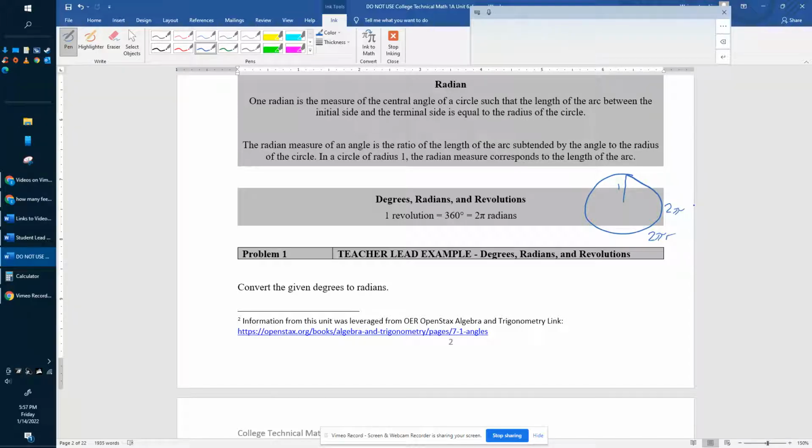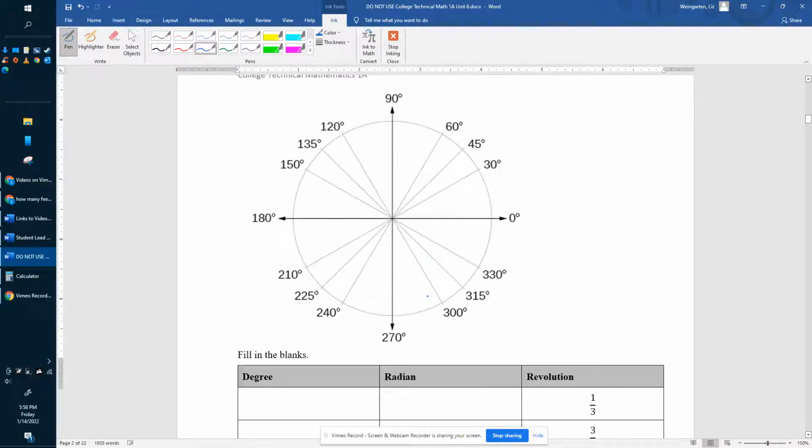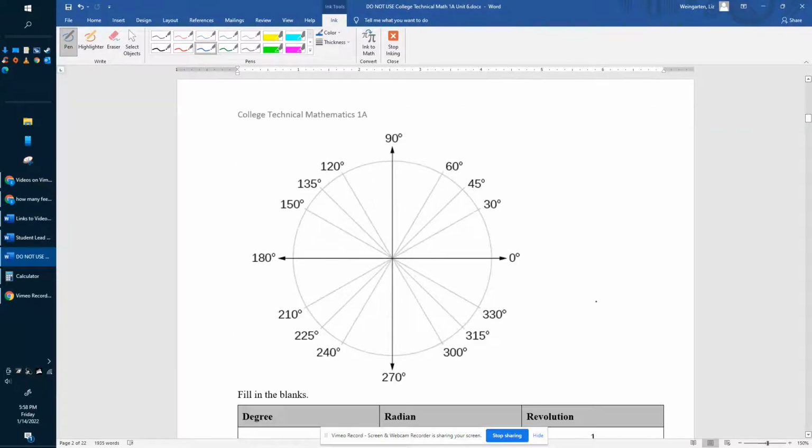So let's look at problem 1, converting between degrees and radians. We have all these degrees. We want to convert them to radians. Let's start with 0 degrees. 0 degrees is 0 revolutions, and it's also 0 radians.